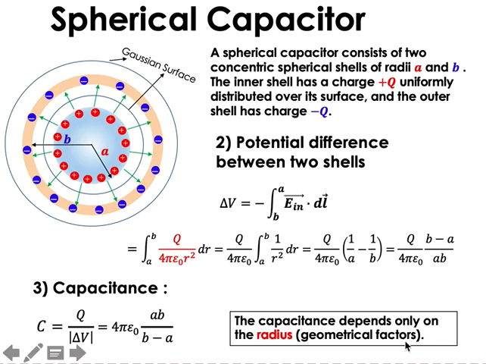And then we can calculate the potential difference between two shells. This time, we can select shell B as a reference point, and then move a test charge from B to this radius A. Test charge from B to A, and this is the electric field inside this part, between the outer shell and inner shell.